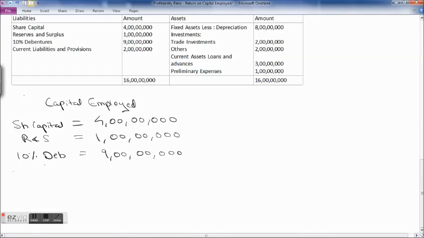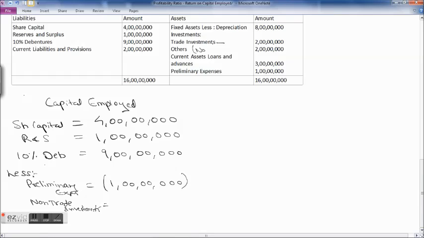We have to reduce your fictitious assets and your non-trade investment. So fictitious asset we have preliminary expenses. How much are the preliminary expenses? 1 crore. Okay, and then non-trade investment. How much is the non-trade investment?